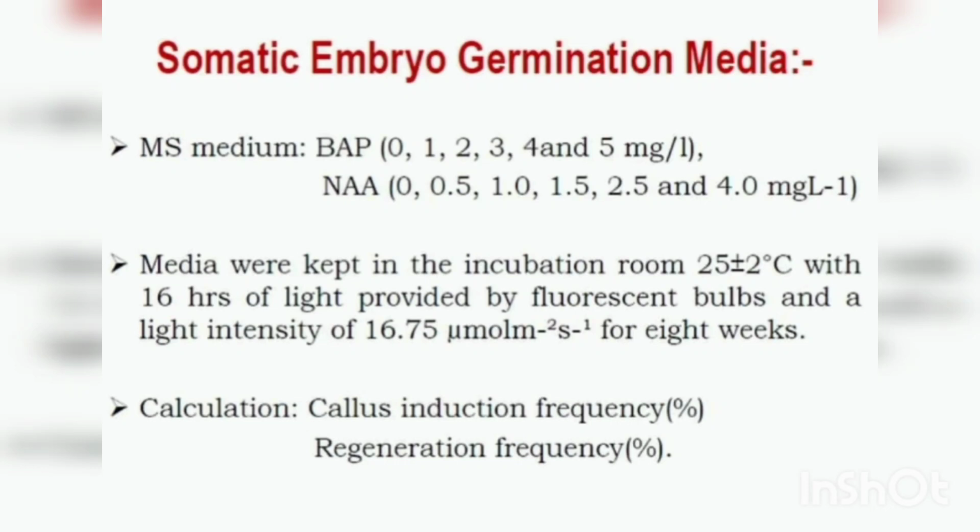The intensity of light is 16.75 millimolar per meter square per second, and this light and temperature is provided for a period of 8 weeks. The callus induction frequency and regeneration frequency can be calculated for optimal somatic embryogenesis.